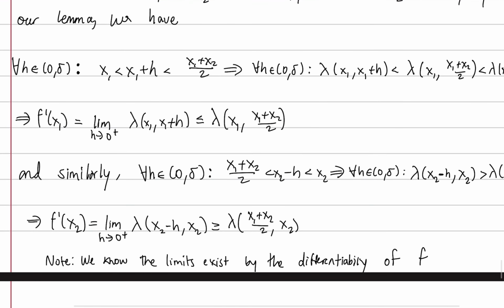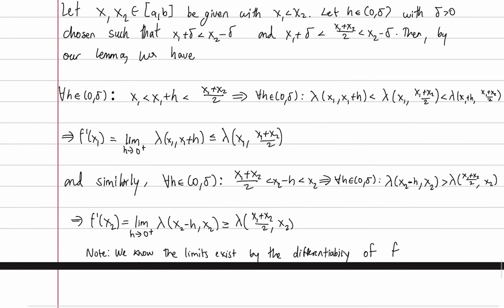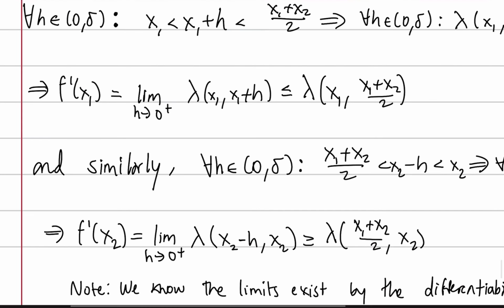And that means that f prime of x1, which is the limit as h approaches 0 plus, because the limit does exist, right? F is differentiable, so the limit exists, and if it's not clear, this is the limit definition of the derivative. Although we're using lambda, if you want to visualize it, it's f of x1 plus h minus f of x1 over x1 plus h minus x1, which is h, the definition of the derivative, right?